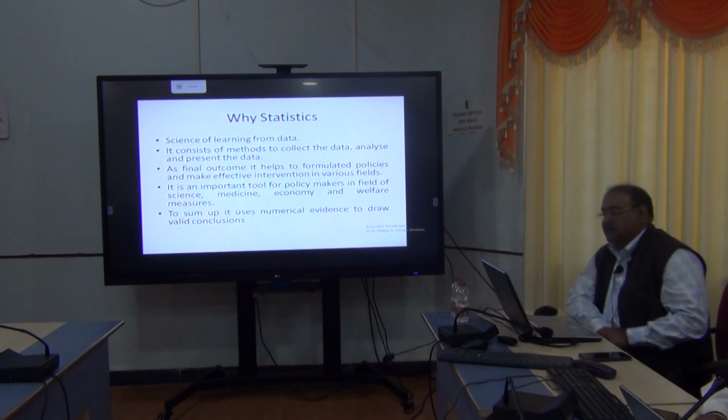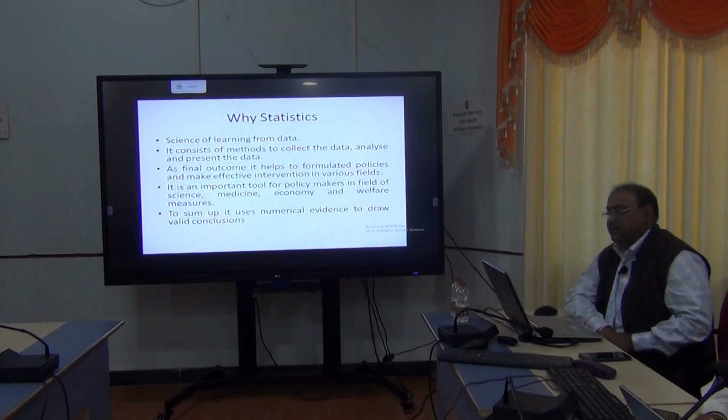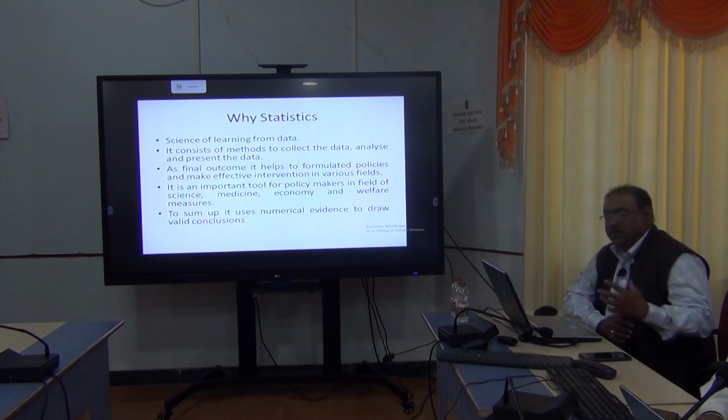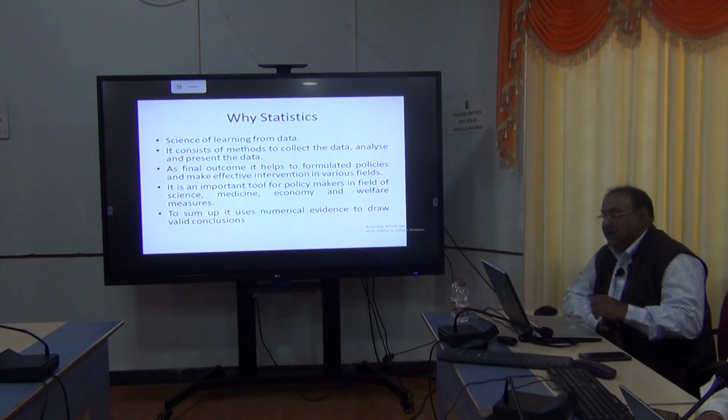Basically, statistics has three components. One is to collect the data, analyze them, and then the very important part is how to present this data. You have several observations, you are grouping them, deriving patterns and trends, looking at the relations and the strength of these relations among different variables, and then you come out with a few numbers.